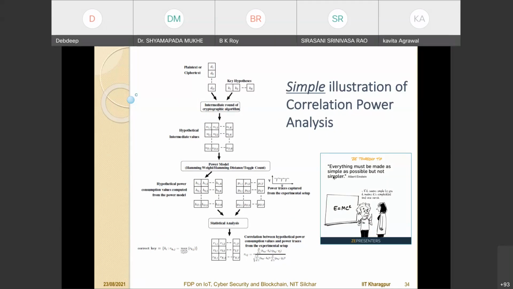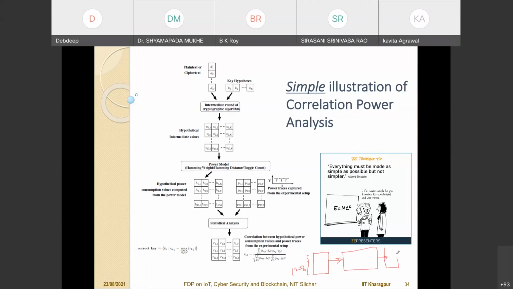Typically in a block cipher, you take a block of data. Imagine that this is your input block. This could be a 128 bit input. You take this 128 bit input and pass it into your cipher, which is the AES algorithm, and it gives you another block of output.